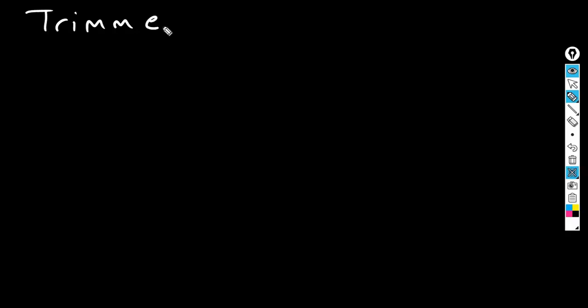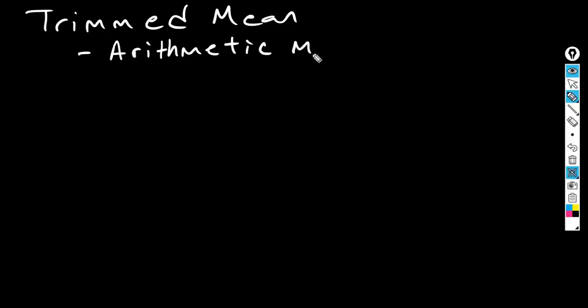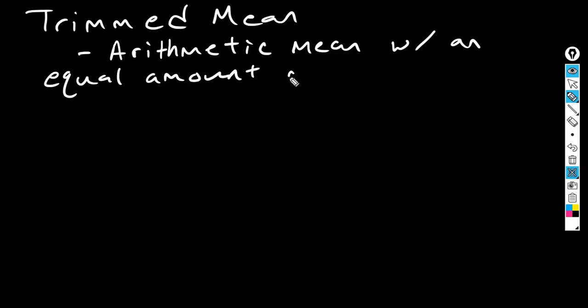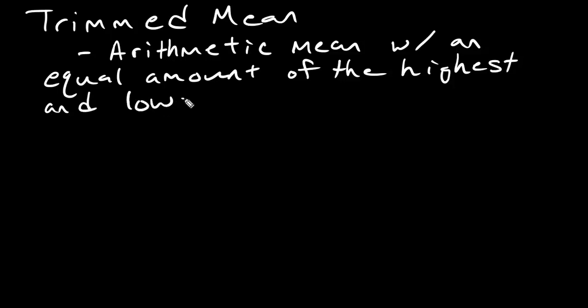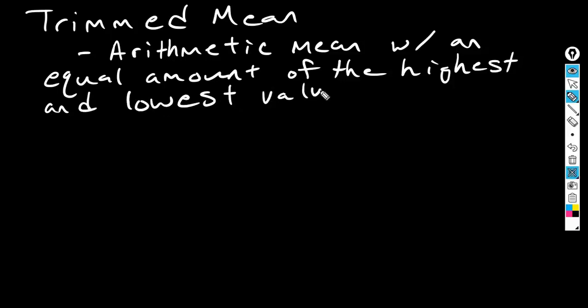So the trimmed mean, I'm actually going to have a little definition for this. The trimmed mean is an arithmetic mean with an equal amount of the highest and lowest values trimmed.